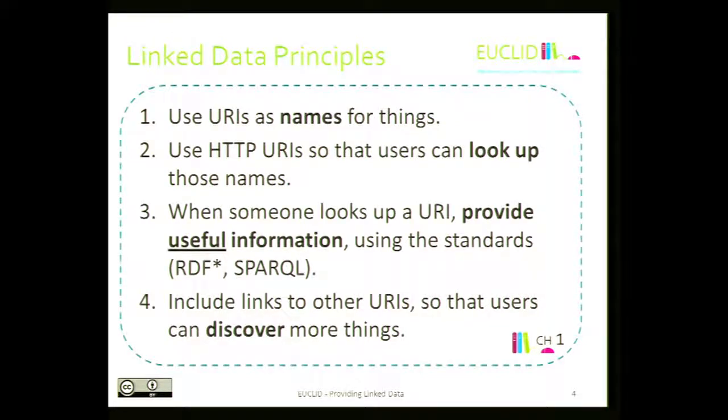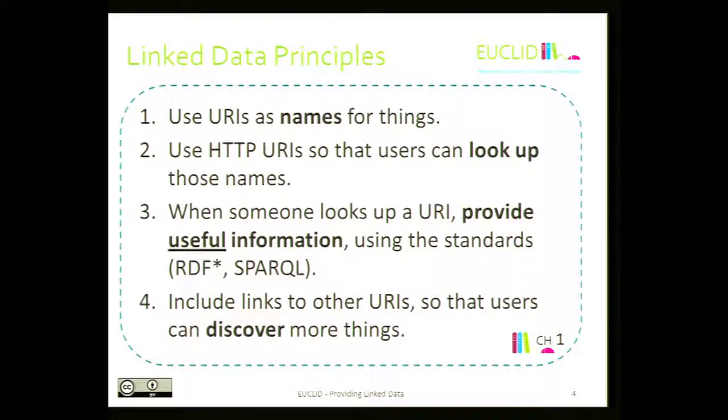So to review, everything, our things as well as our documents, become resources, and resources are given uniform resource identifiers, URIs. In particular, the second principle says we use HTTP URIs in order that we can look those things up to understand them. The third principle says when you look up, use the standards that have been defined in the semantic web space to give the understanding.